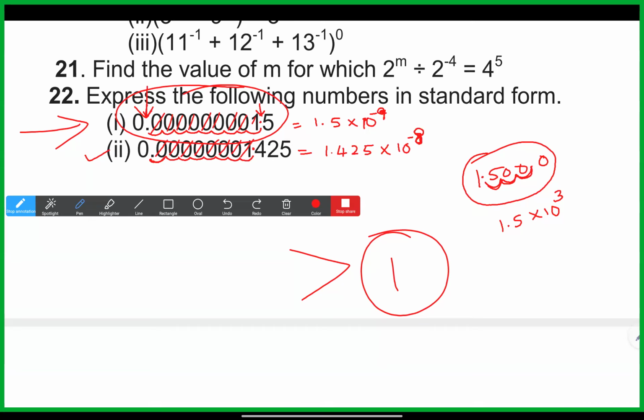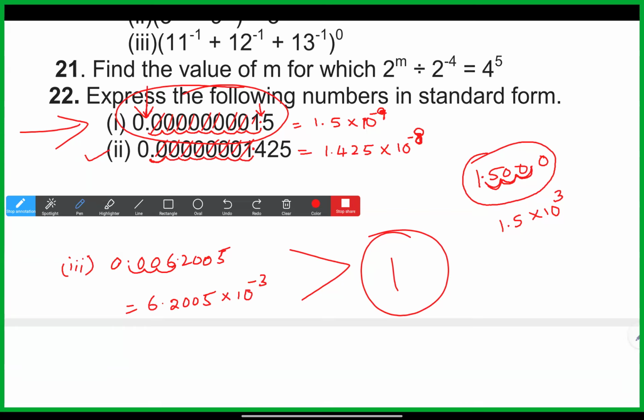Now can you tell the answer for this one? One more I am giving: 0.0062004. 6 point 2004 into 10 power minus 3.